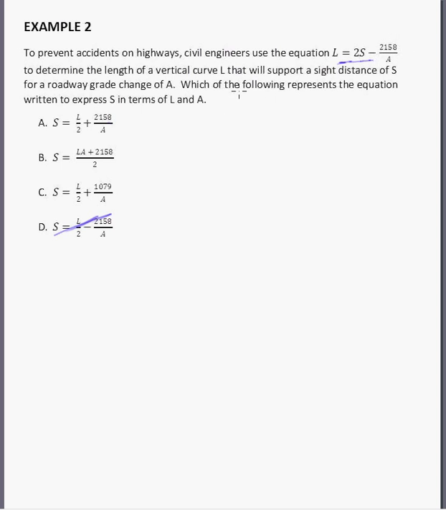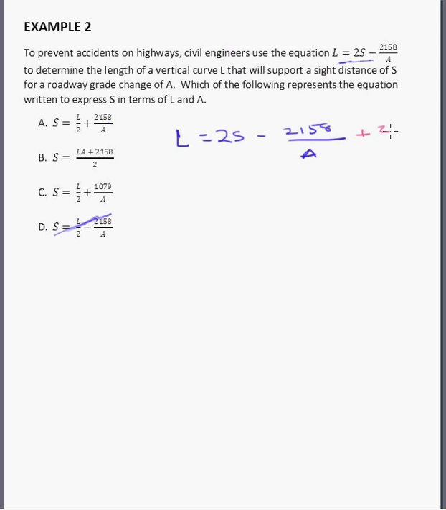So let's just do the conventional way. We're going to come back here and say, well, our L is giving us 2s minus 2158 divided by A. Since we want S, let's come back here and pick a different color. Let's add this.